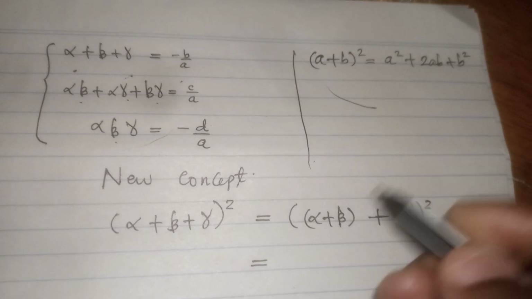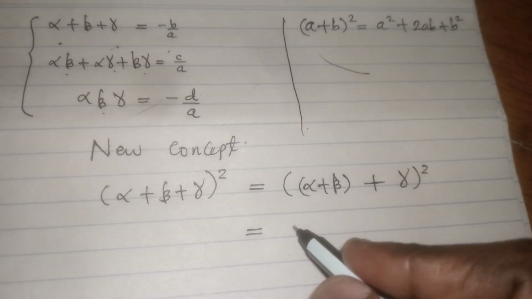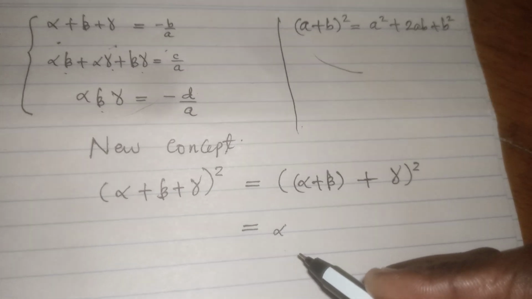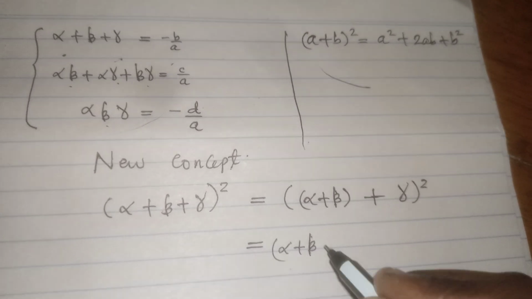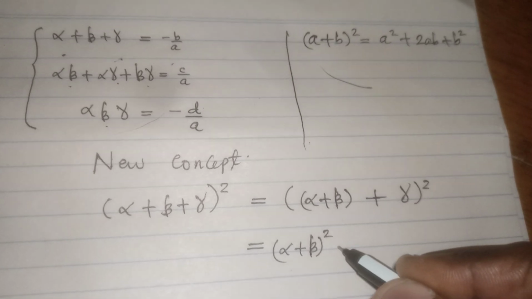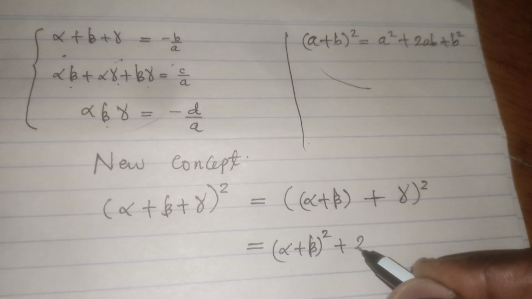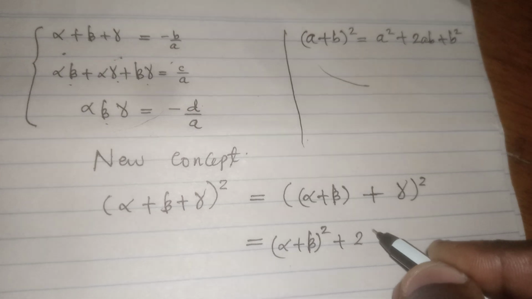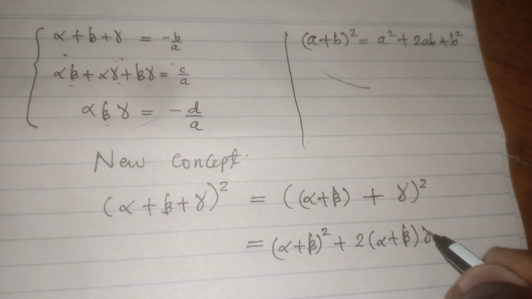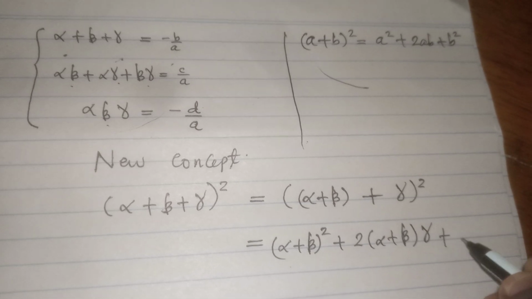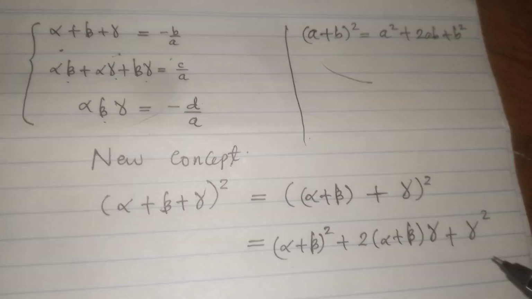Now if we use this concept here, we get alpha plus beta squared, plus 2 times alpha plus beta times gamma, then plus gamma squared.